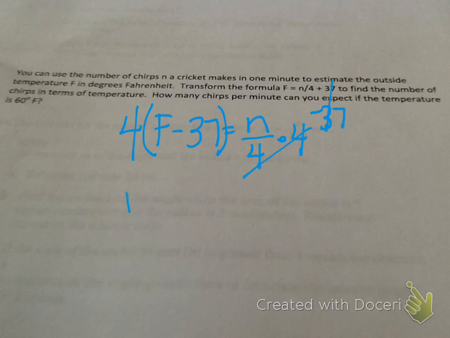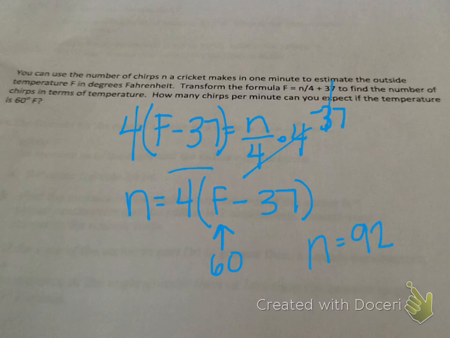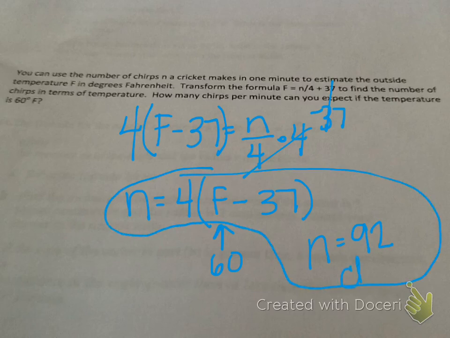So N equals 4 times (F minus 37). And if it's 60 degrees out, fill in 60 for F. So 4 times (60 minus 37) gives us 92. And that was chirps.